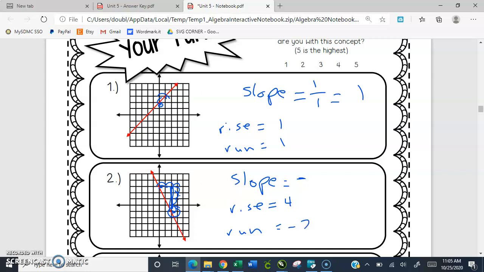So that's a negative 2. Okay. Remember, I had already determined that my slope was negative because it's going down. But if I didn't know that, I figure it out here. So I have 4 divided by a negative 2, which equals negative 2. So our slope should be negative 2.